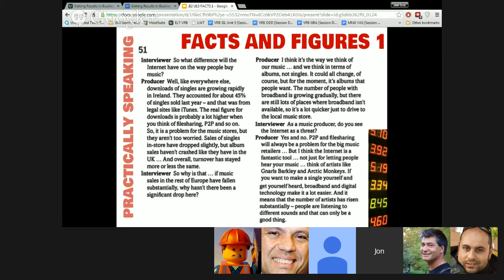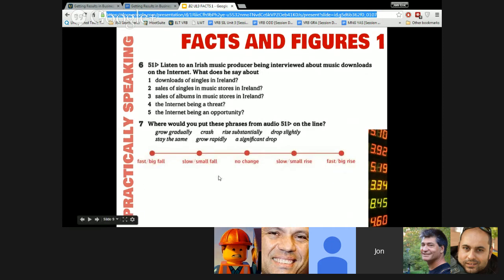At the very bottom, it says sales of singles in store have dropped slightly, but album sales haven't crashed. Earlier, we said crashed was something big, so slightly must be the opposite, because this is but, and but is the contrast. So let's go back for a second. Where are we going to put drop slightly? Big fall or small fall?